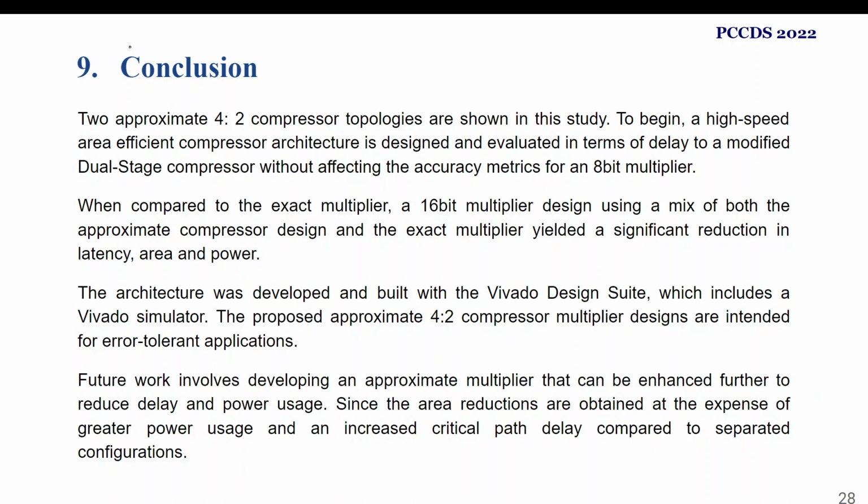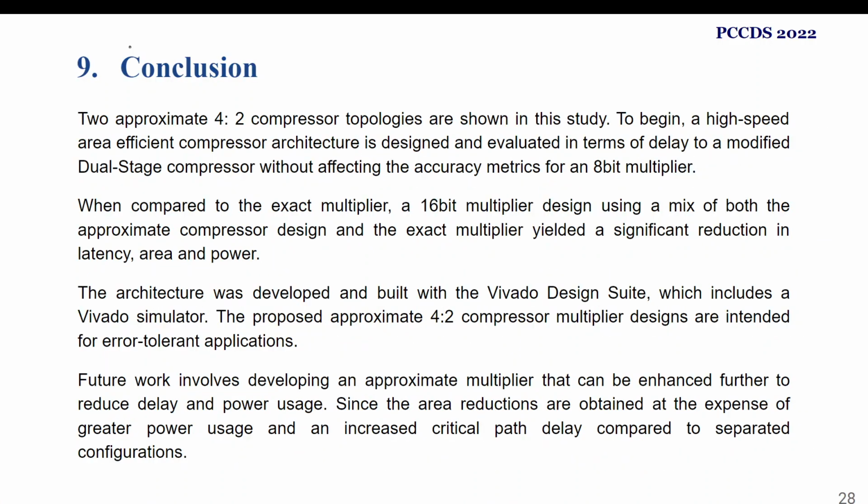Now the conclusion: a high-speed, area-efficient compressor architecture is designed and evaluated in terms of delay, along with a modified dual stage compressor, without affecting the accuracy metrics of an 8-bit multiplier. When compared to the 8-bit multiplier, a 16-bit multiplier design using a mix of both the approximate compressor design and the exact compressor yielded a significant reduction in area, latency, and power.